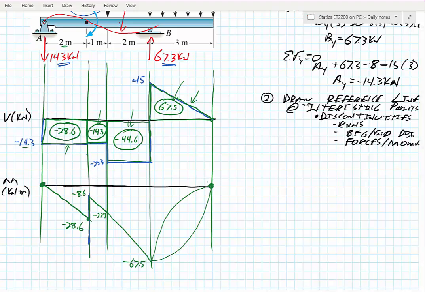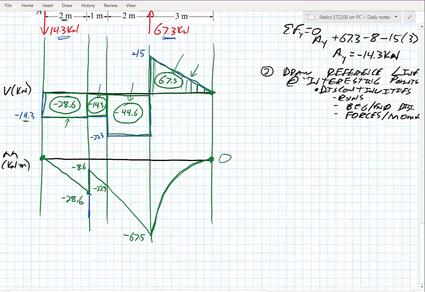And the way you can think about this is the derivative of my moment is my shear, meaning this distance here is actually what my slope is. So my slope is 0 at the end, and it's becoming more and more positive as I move from, well, I don't want to really move from left to right. I guess from the 45, I'm at a very positive slope, meaning I'm pretty steep, and then it approaches 0. So this is actually the direction it's going.